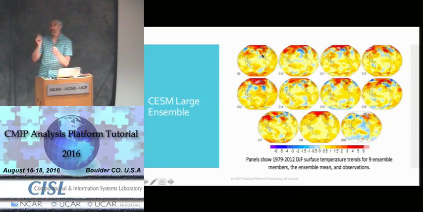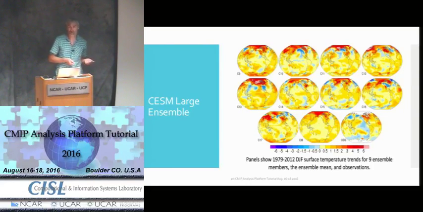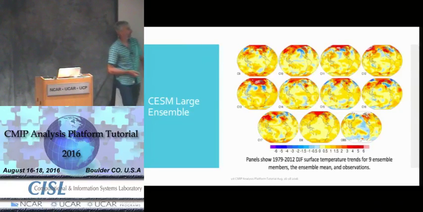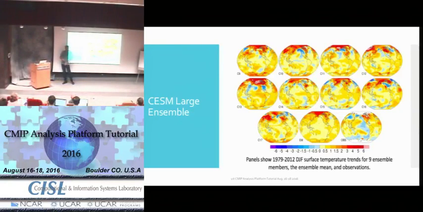This is the trend over 24 years of wintertime surface temperature from initial conditions that were changed 60 years prior. So you have to understand what statistical significance of a difference really means when you start using those models. And this will give you an idea of what the noise in the system is.